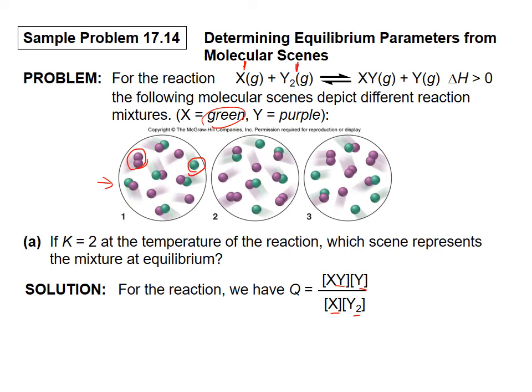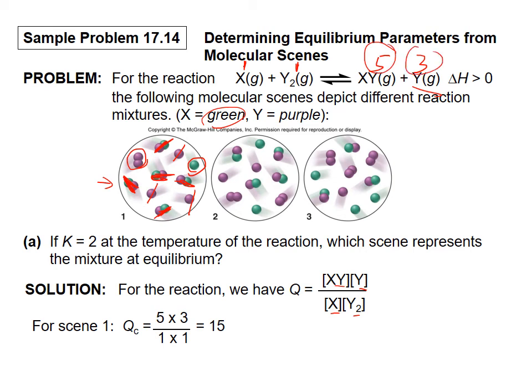And let's look at the XY product. So this is 1 XY, so 2, 3, 4, and 5. So you have 5 of this one, and the other product is Y. So here is 1, 2, 3. So you have 3. All right, plug in. So 5 times 3, products times products, divided by reactants, 1 times 1, and the answer is 15. So for scene 1, Q is 15.